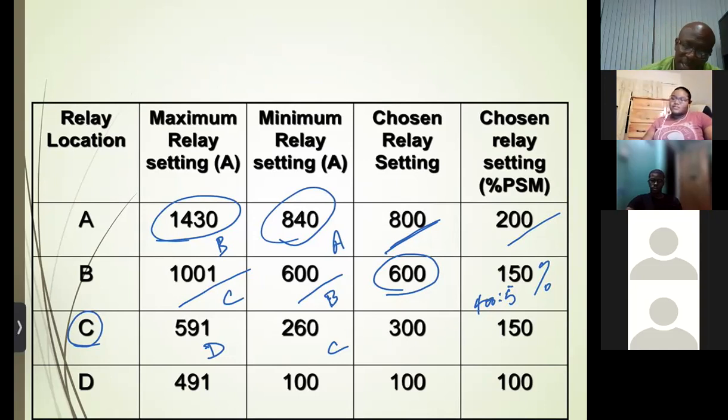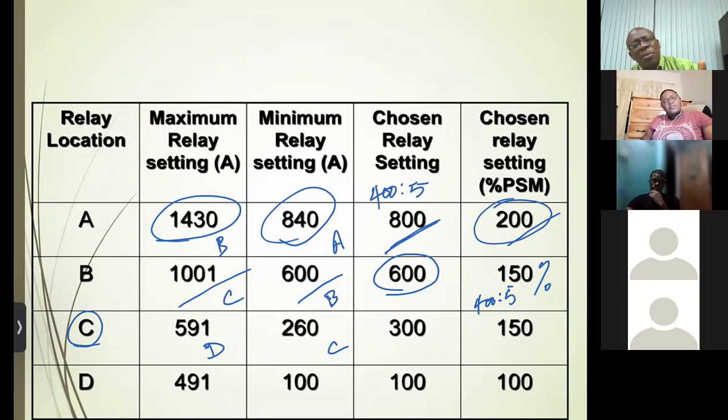We have the setting here as 400 to 5. Agreed? The multiplier, remember I said that in terms of the plug setting multiplier, you can either look on the primary or the secondary side. All these currents that we're looking at here are on the primary.